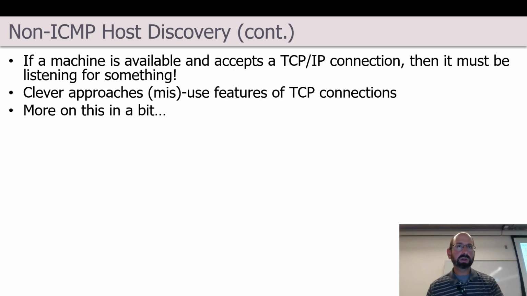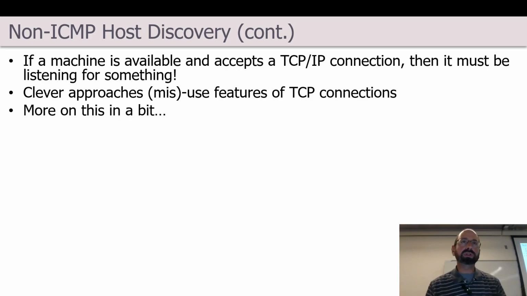Other techniques, really thinking about the concept we talked about before: the whole point of having a server, having a host, is to respond to some sort of request, right? If it's a machine that's unplugged and just thrown into a closet, yes, you're not going to be able to nmap it, you're not going to be able to detect what's running on it, but then the machine's not doing anything anyway. So the idea is that if a machine is available and if it accepts a TCP/IP connection, then it must be listening for something.